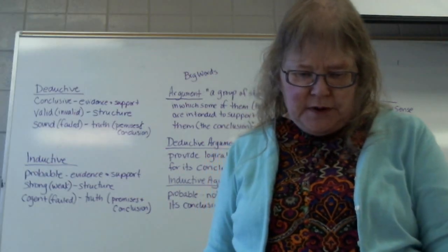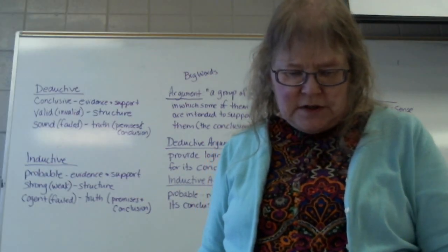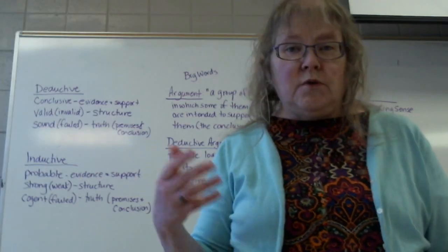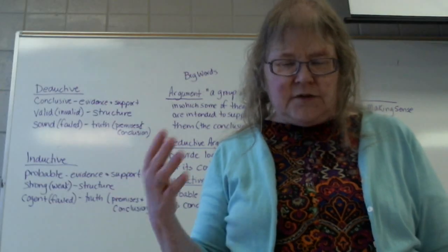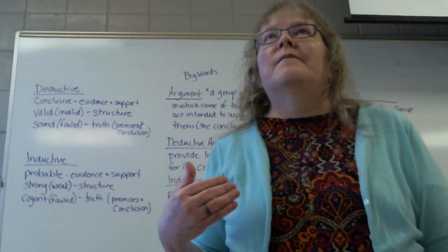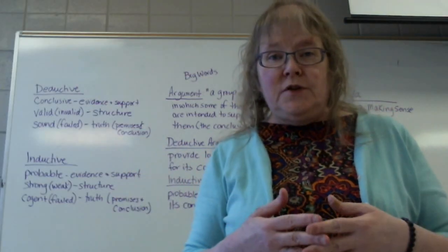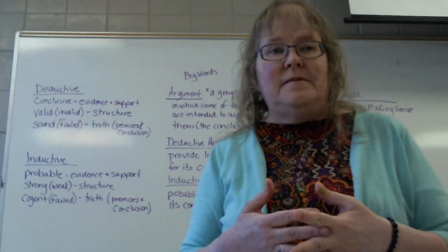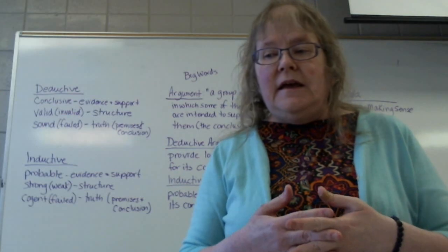The kind of support that a deductive argument can give a conclusion is absolute. Either the conclusion is shown to be true or it's not. There is no sliding scale of truth or falsity. Like we talked about in chapter 2, that whole subjectivist relativism doesn't work.